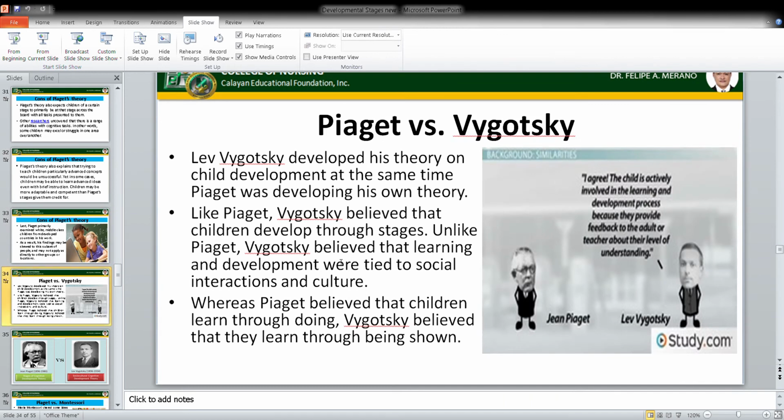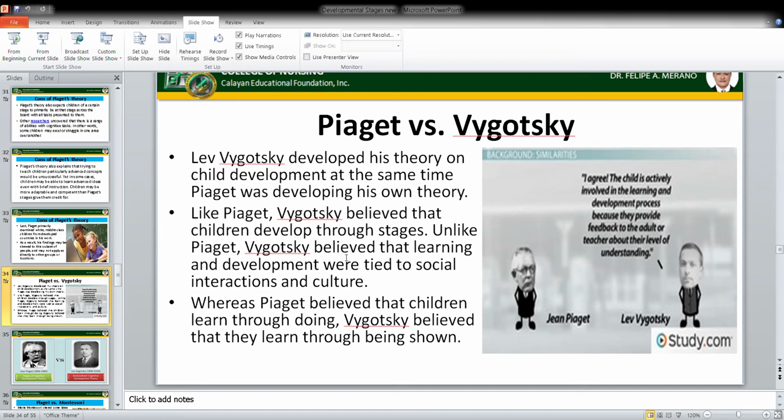So let's proceed with Piaget versus Vygotsky's analysis and theory. Vygotsky developed his theory on child development at the same time Piaget was developing his own theory. So sabay sila nag-develop ng theory. Like Piaget, Vygotsky believed that children develop through stages, but unlike Piaget, Vygotsky believed that learning and development were tied to social interaction and culture.